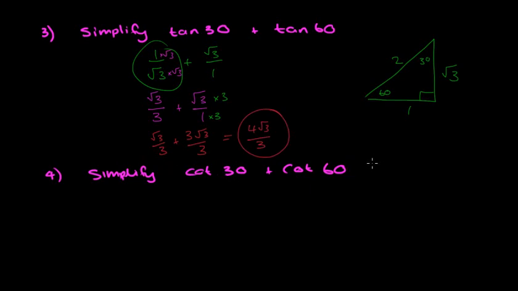Okay, the next one brings in the value of cot. Now hopefully cot we know to be the inverse of tan. So if I know what tan 30 is, which I know from above, tan 30 is 1 over root 3. I know that tan 60 is root 3 over 1.